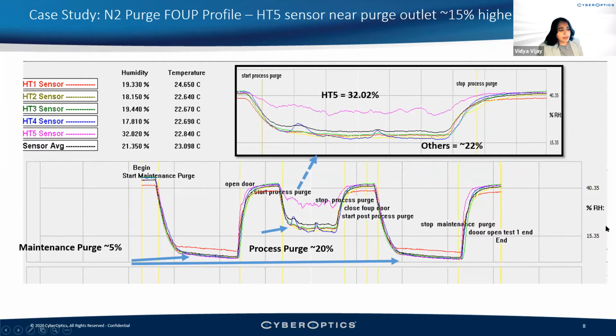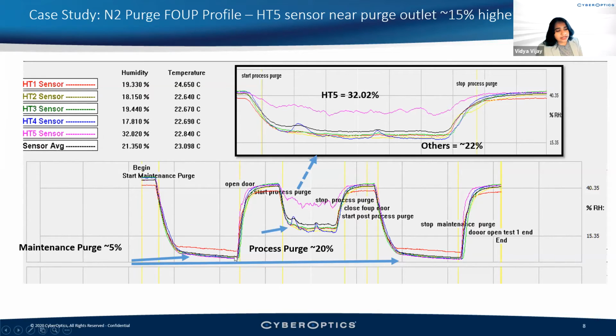So in this example, they had to characterize their purge procedures, what they do at the maintenance cycle and what they do at the process cycle. So they had a maintenance purge. As they started purging, you can see how the humidity dropped from 40% to 15%, even closer to 5% here.